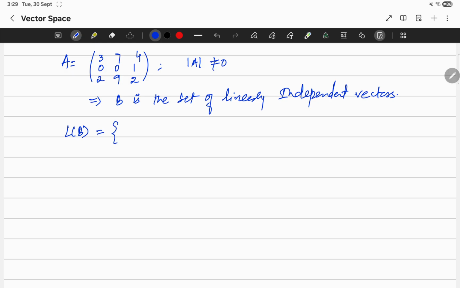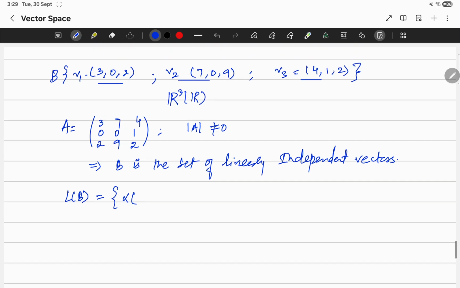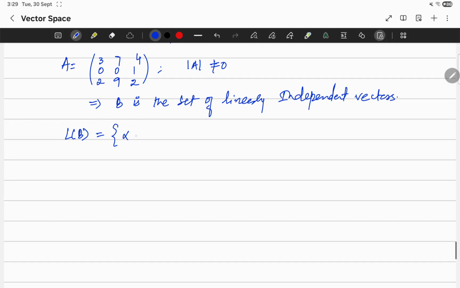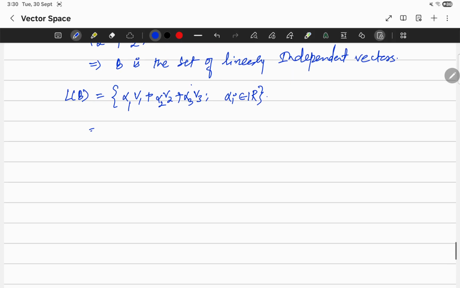The linear span of B is the set of all linear combinations. So alpha 1 v1 plus alpha 2 v2 plus alpha 3 v3, and these alphas are from the real line. Now put the values.